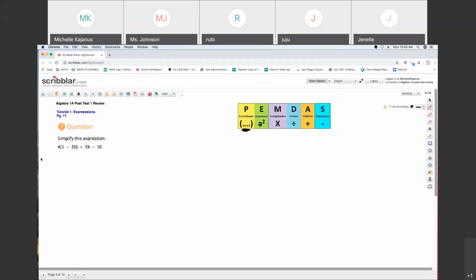Okay, so what's next? Exponents. We don't have an exponent. Multiplication. We actually have a multiplication here. Every time you see a number in front of a parentheses, that means we're going to multiply these two. Okay, so how are we going to multiply this?